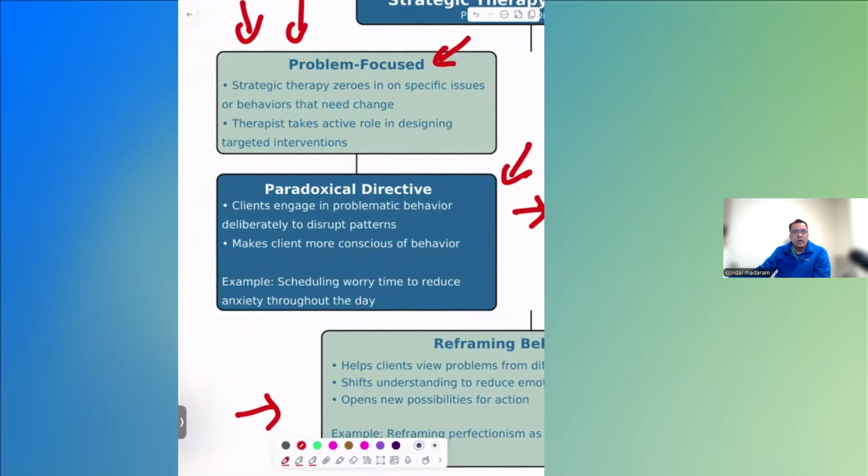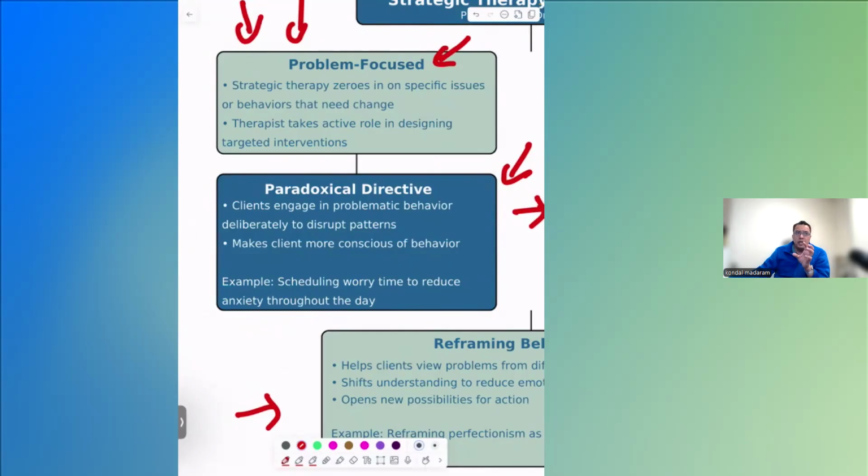Okay, now let's look at paradoxical directive. This one is very creative, and you're engaging the patient in their problematic behavior. Let's say that a patient has challenges with worrying. Now you schedule a worrying time, let's say 20 minutes in the evening. You ask the patient to think about all their anxieties.